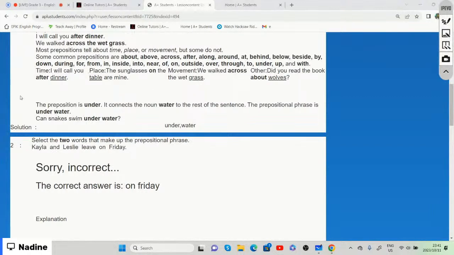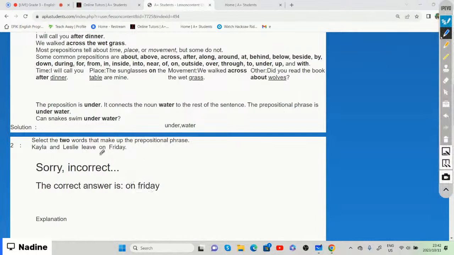So we can say it is on and Friday. So on and Friday, that is our prepositional phrase, which means that it's a preposition and it is our object.